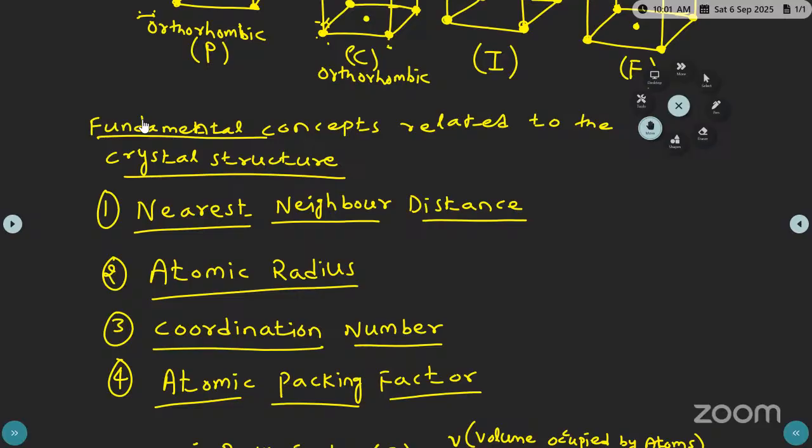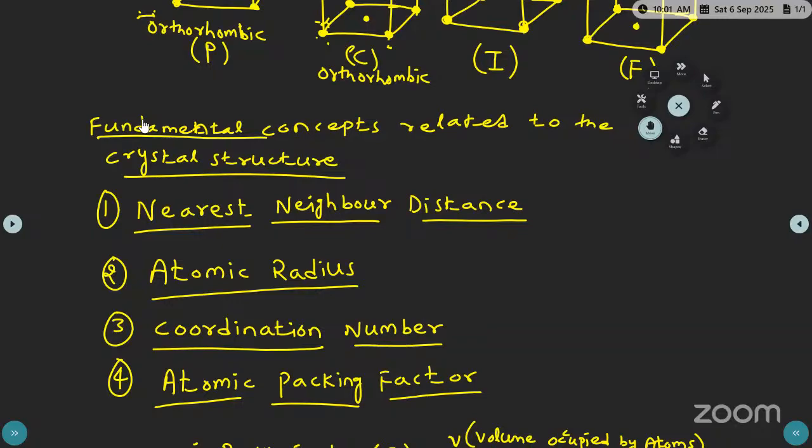The number of equidistant nearest neighbors that an atom has in a given structure. Considering an atom in the given structure, the number of equidistant nearest neighbors is called the coordination number.